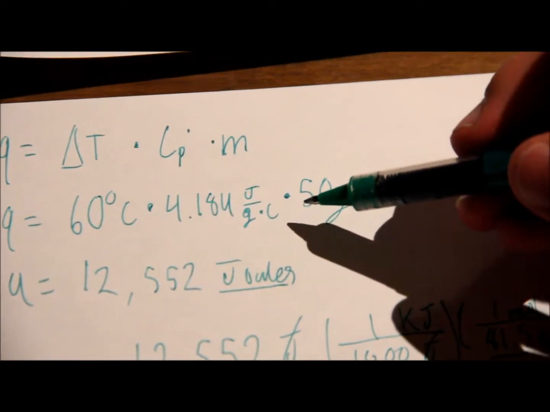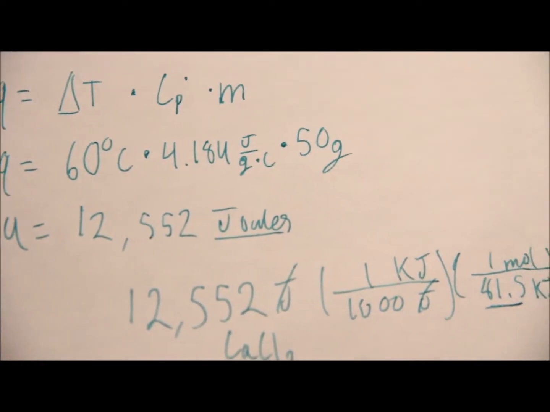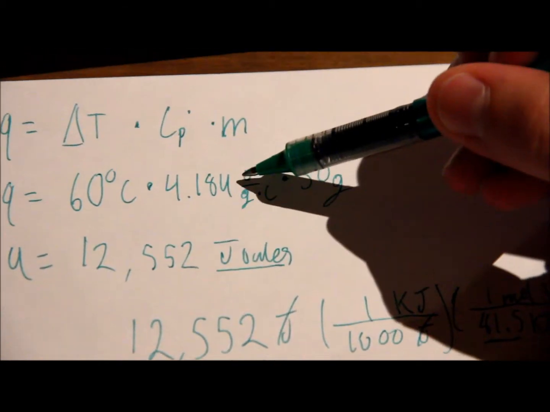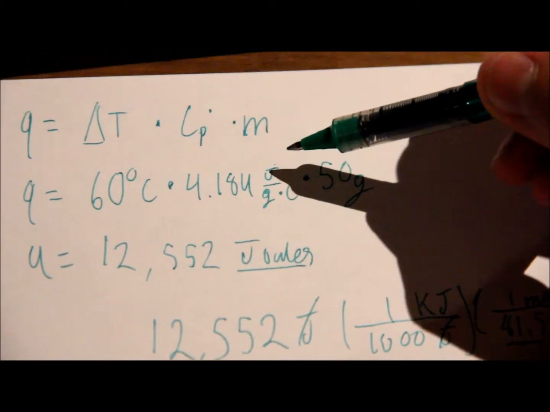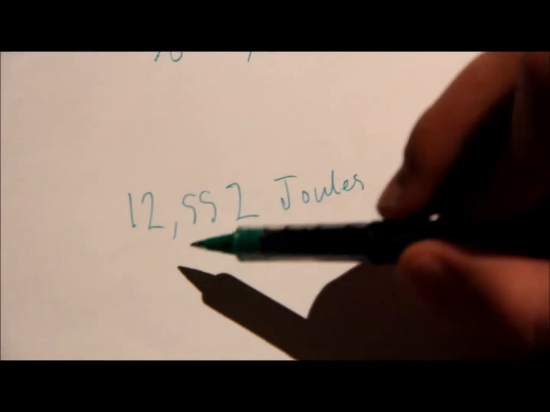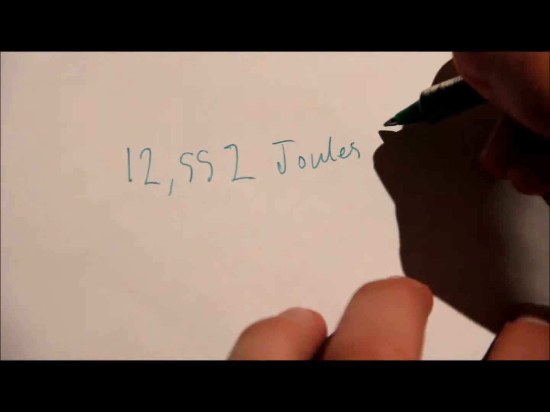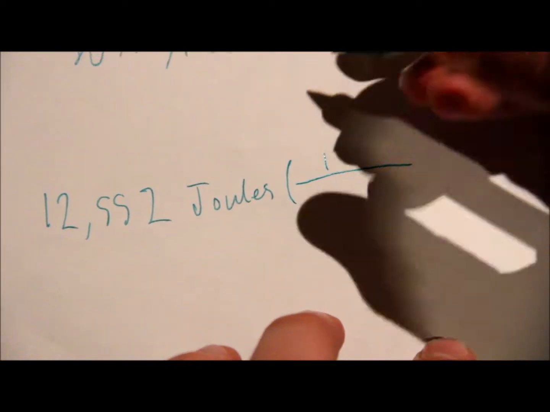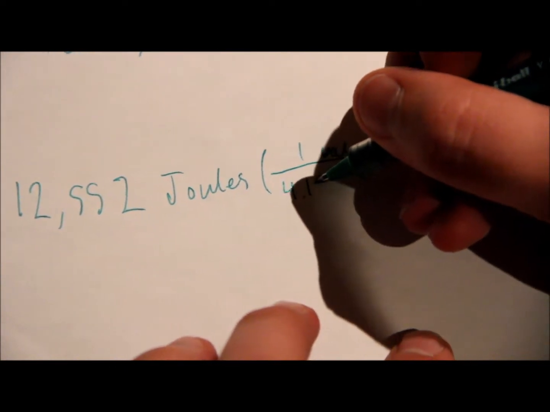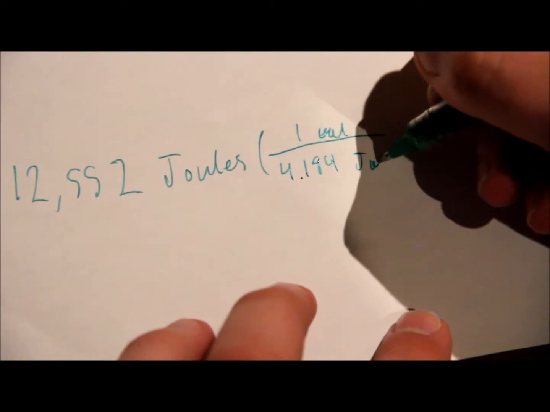Specific heat is the amount of energy it takes to raise a substance by 1 degree Celsius. So for water, it takes 4.184 joules to raise 1 gram of water by 1 Celsius. We have 12,552 joules, and we'll multiply that by 1 calorie over 4.184 joules.